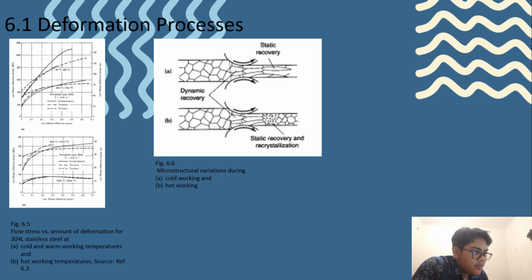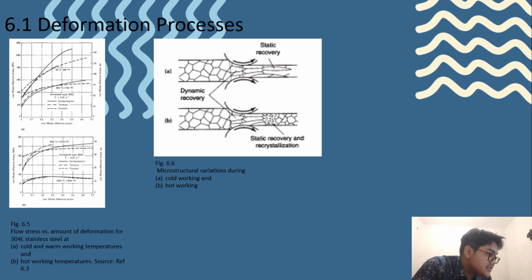During hot working, the strain hardening effect is greatly reduced and the material flow stress remains nearly constant with increasing amount of deformation. Under this hot working condition, the dislocations generated during plastic deformation are quickly dissipated by recovery and recrystallization mechanisms, in which the elongated grains reform into smaller equiaxed grains.